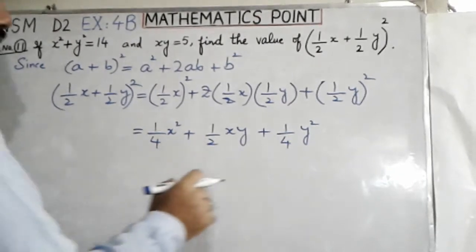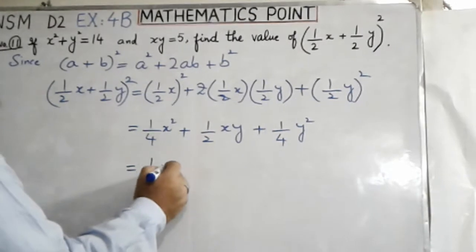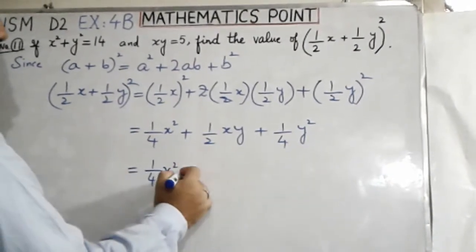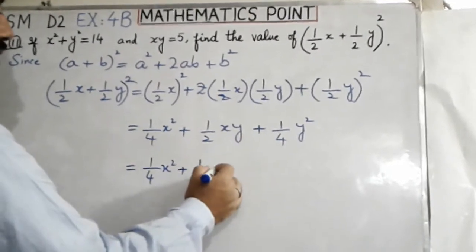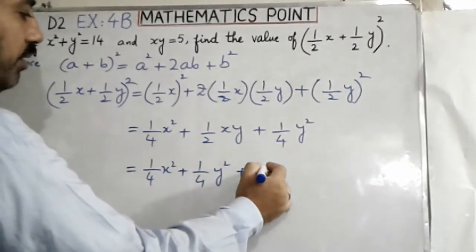Okay. Now write the first term 1 over 4x square, then the third term, plus 1 over 4y square, and write the second term at the last.